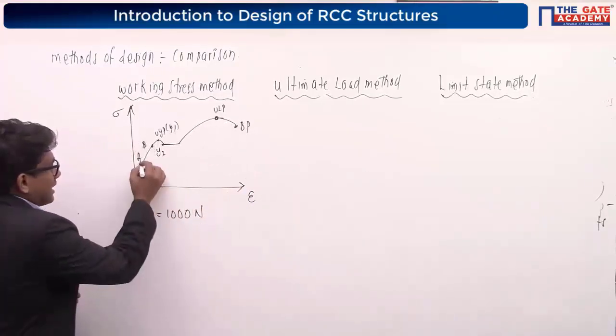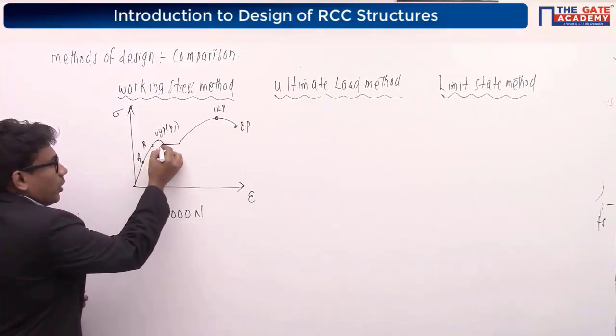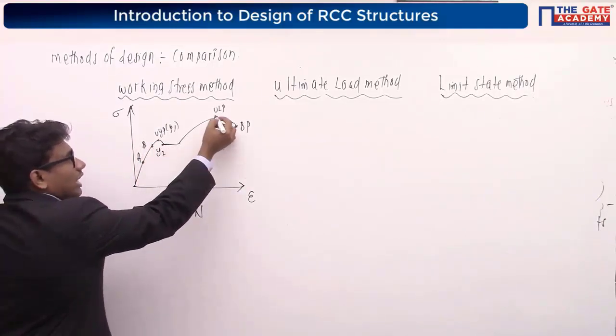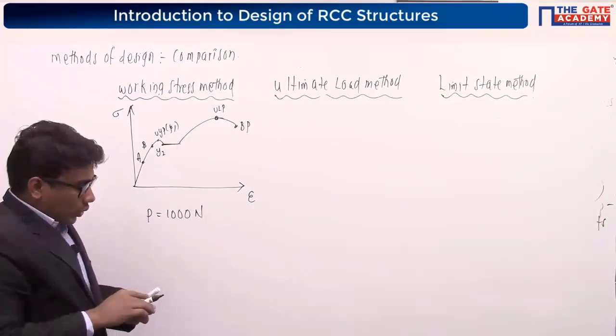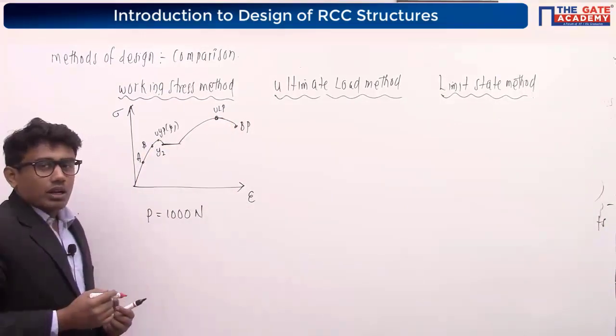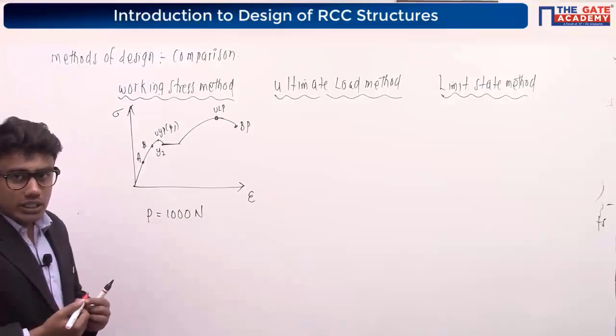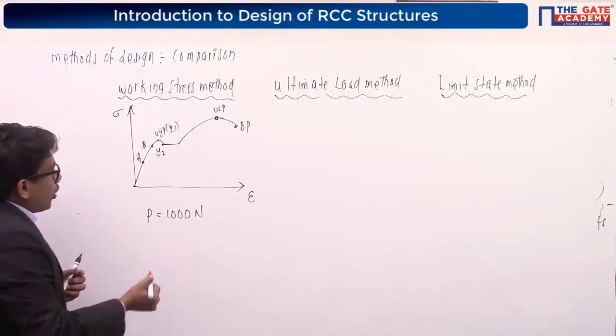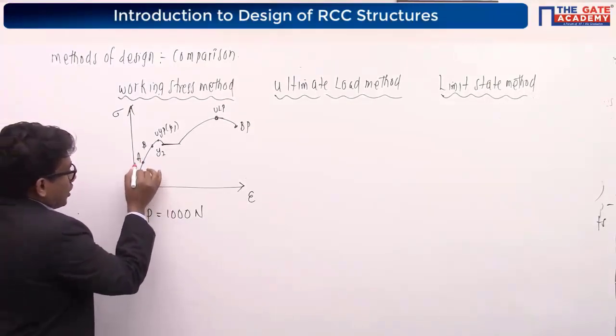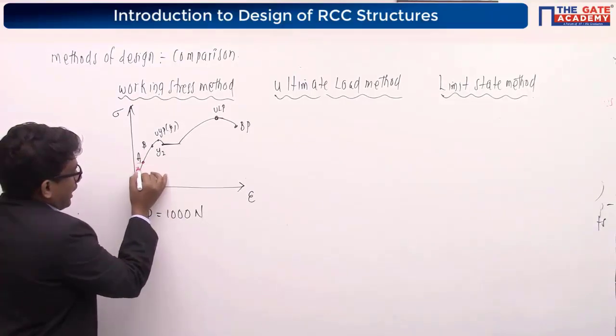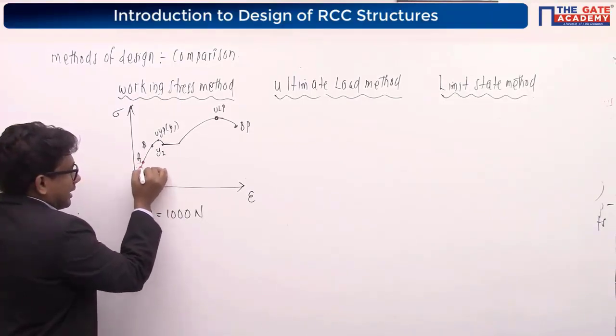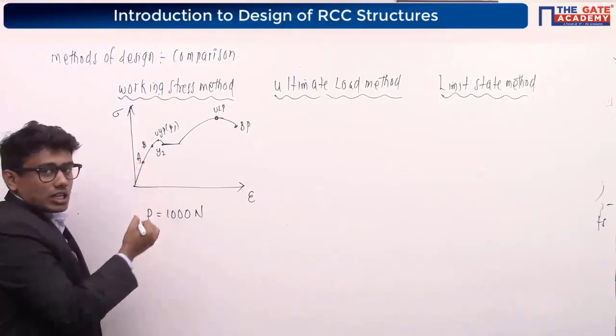See, we know this elastic point. This is our proportionality limit. This is our elastic point, upper yield point, lower yield point, plastic region, ultimate load point, and breaking point. So here in working stress method, I am going to consider a stress value. You can find the stress values corresponding to various points in this graph.